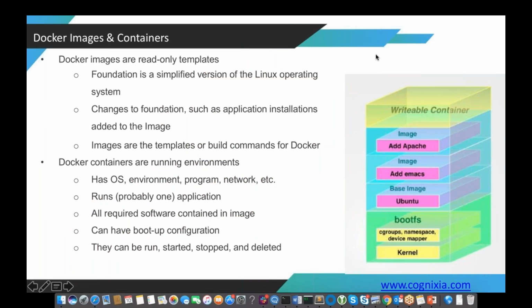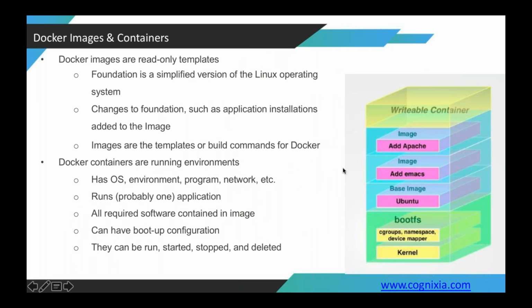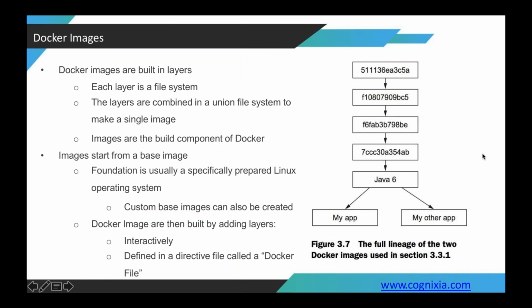This will become more clear to you from the next example. So here it is. See, whenever we create an image, we are provided with an image ID. So this is an image ID we are having. Let's say this is of Ubuntu. Then we installed Emacs over it, so we get another image ID.